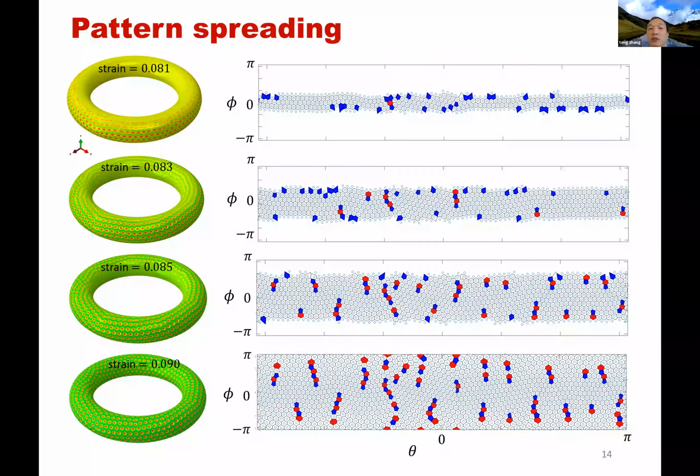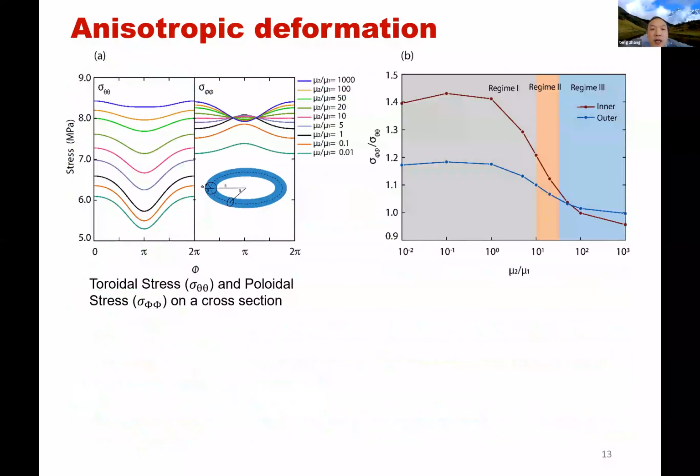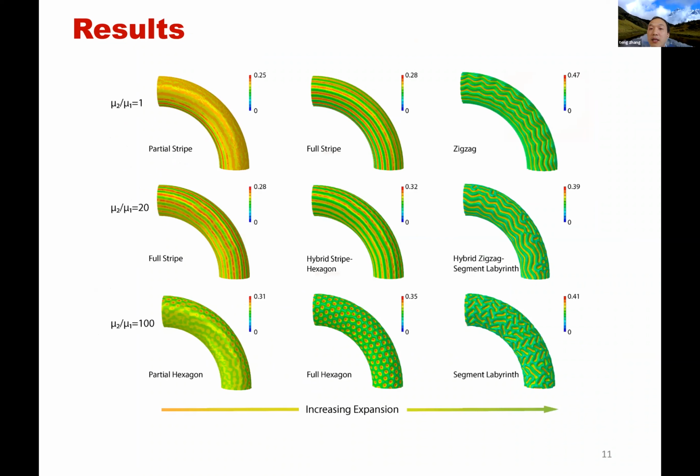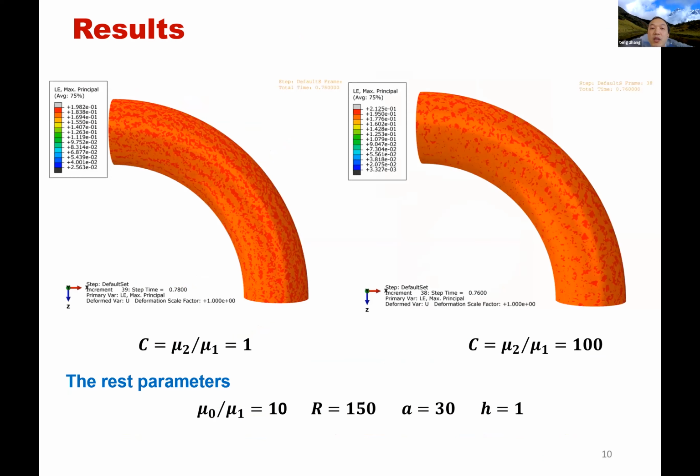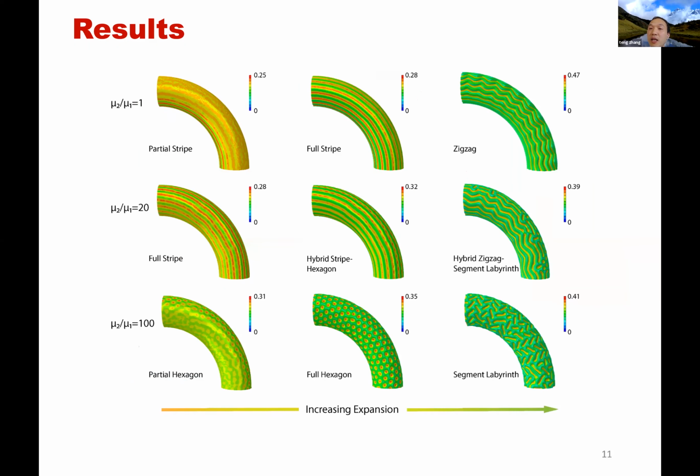I should also mention that we intentionally chose this system, a tri-layer, with the outer layer modulus ratio mu0 over mu1 equal to 10. We did a lot of simulations showing that for this kind of modulus ratio, the hexagonal pattern is stable.